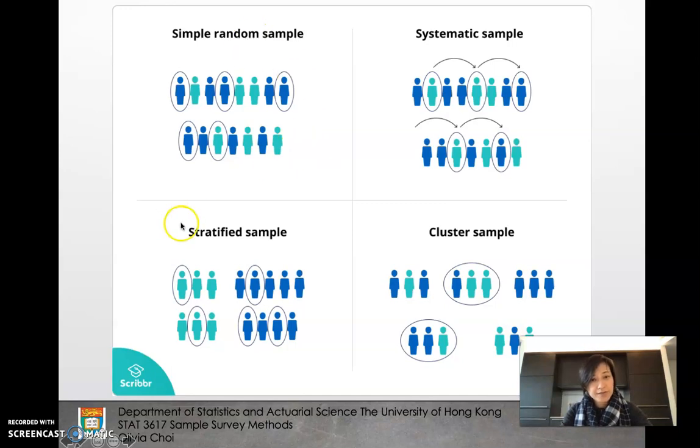When we have a population that is nicely grouped, for example, like this population, nicely grouped into the green color and the blue color, and then we know that within the group or within the stratum, they have similar characteristics. So let's say they're all green people, and within this stratum, they're all blue people.